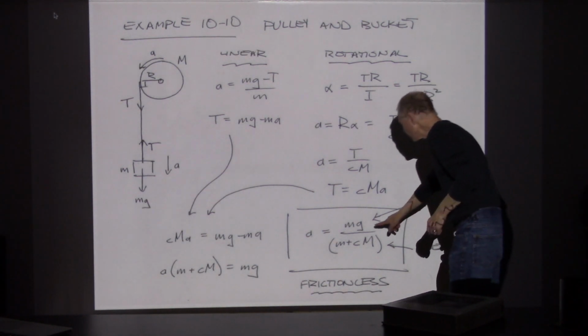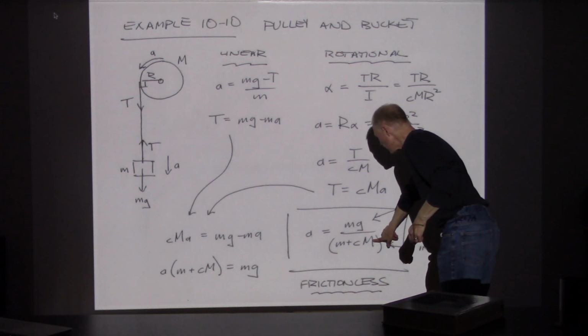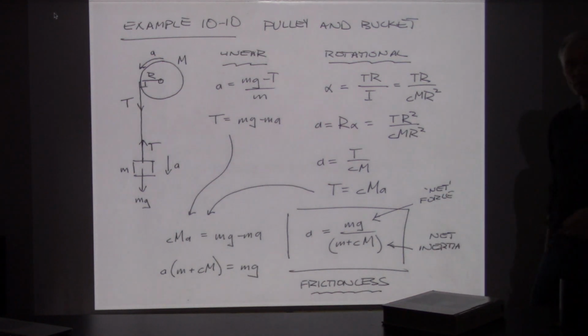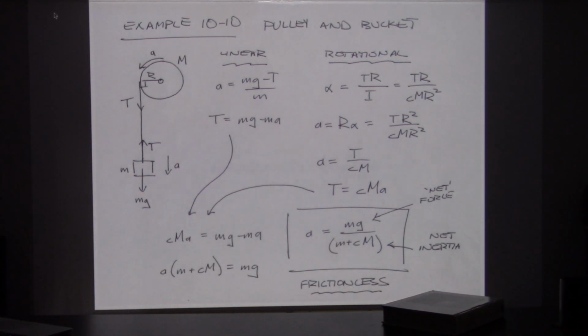It's not the total mass of the pulley that is included, it's the mass times the shape factor. If that's a solid cylinder, which seems like a good shape factor for a pulley, then c would be 1/2. I would only include 1/2 the mass of the pulley as an inertial effect.